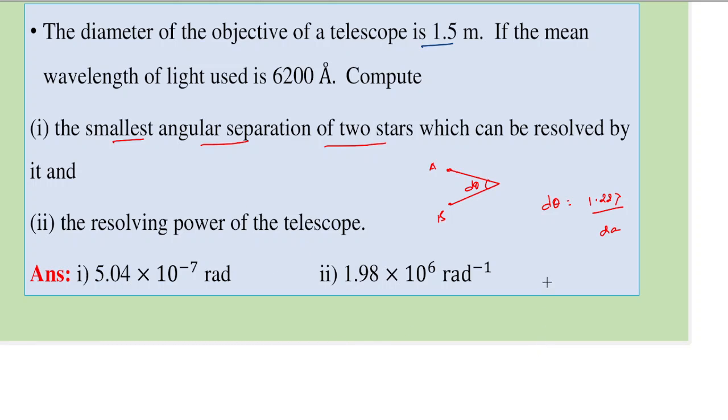So putting it back, d theta is 1.22 into lambda, which is given as 6200 angstrom.